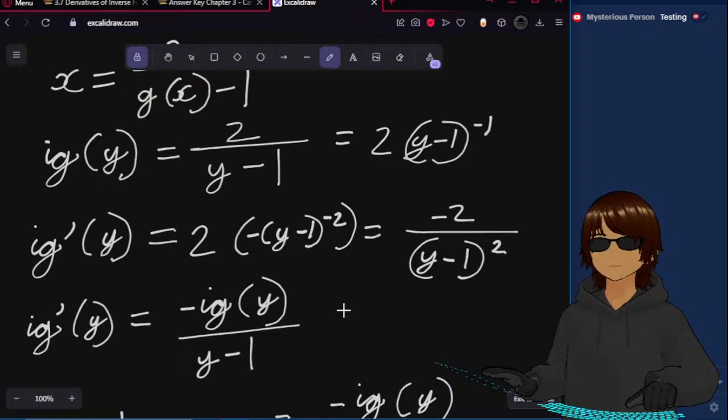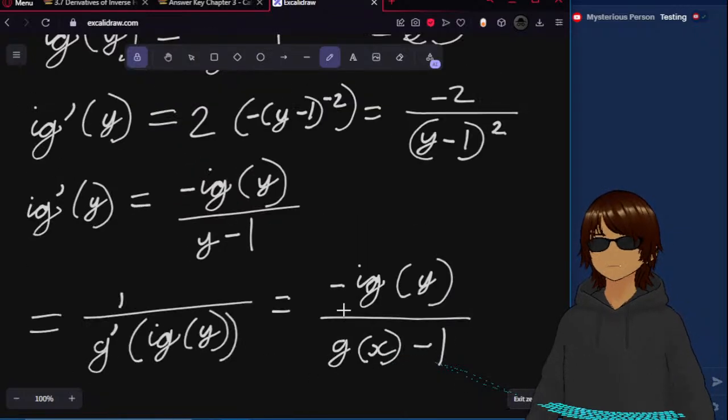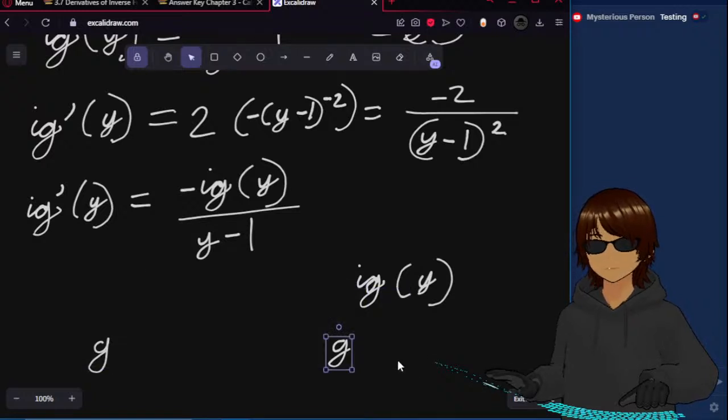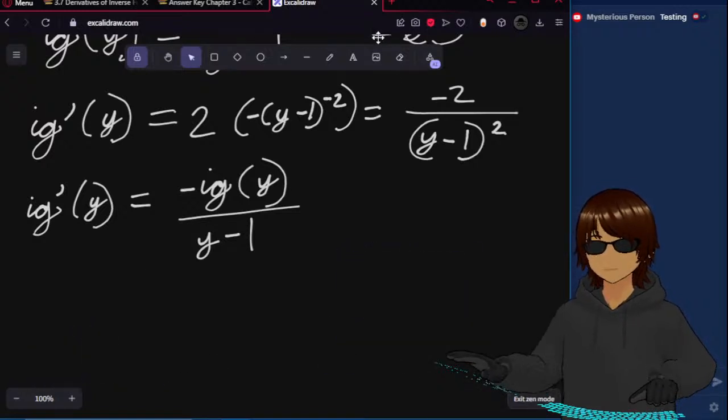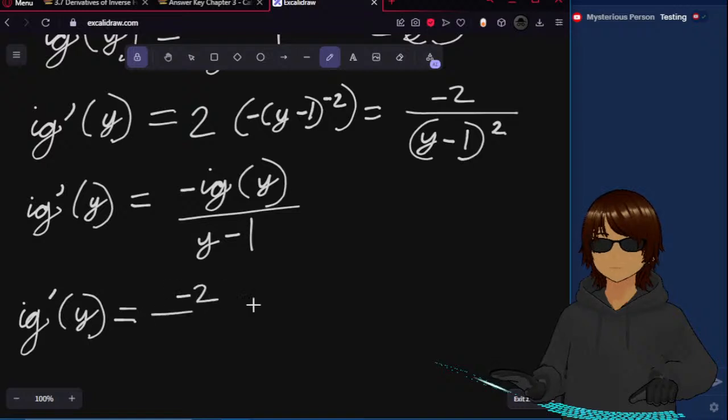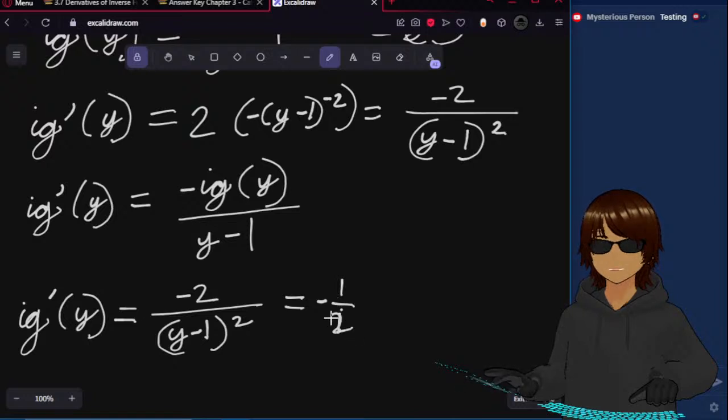Wait, I can rewrite this another way. The derivative is minus 2. Can write this like minus half. Write it like that.